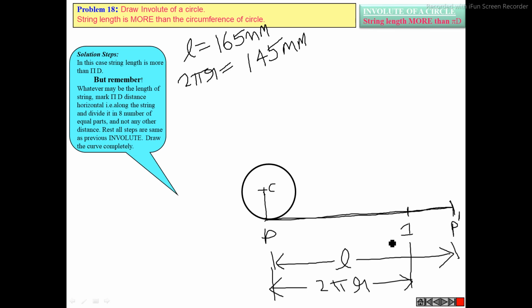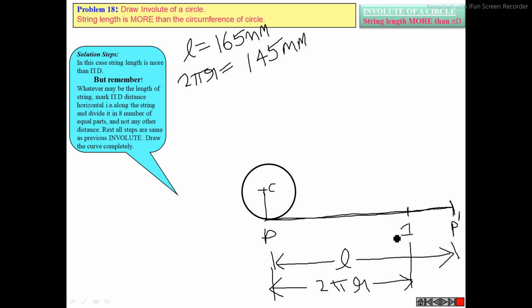Yes, sir. So in this case, your involute will start from which point? From point 1 or from point P dash? I don't know the end locus point of the involute, but I know one of its end locus points, whether it will start from point 1 or from point P dash.